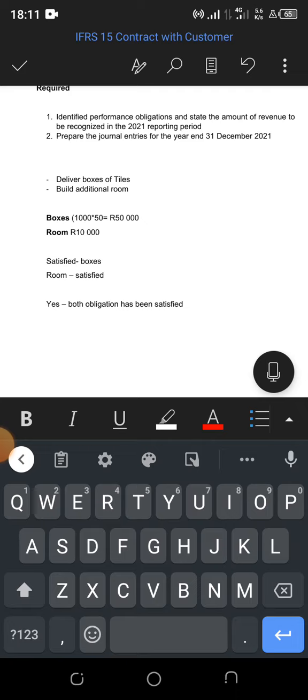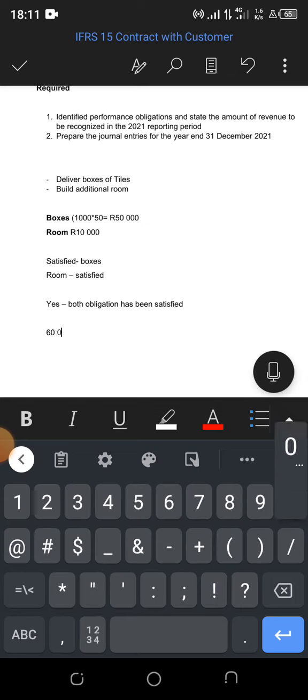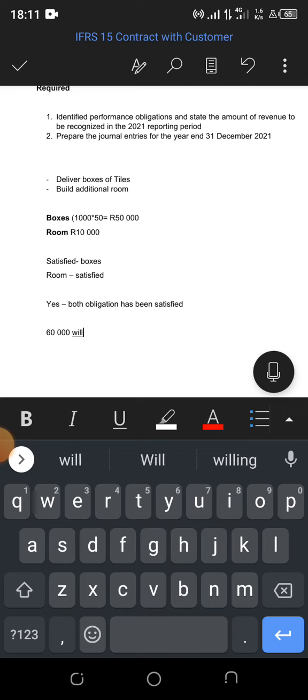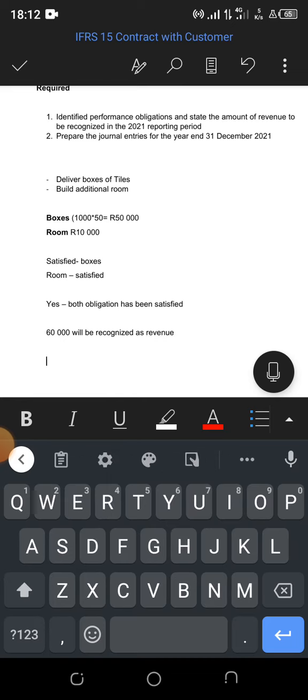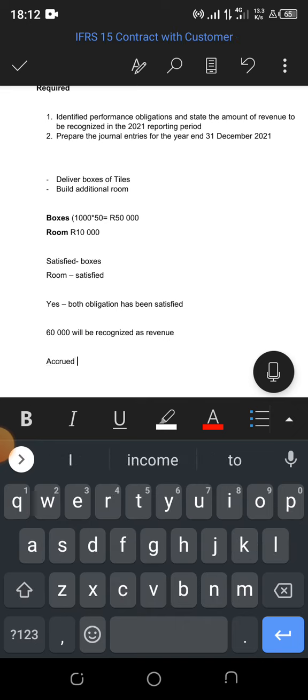is going to be recorded as a what? As revenue. Then 60,000 will be recognized as revenue. So what about the journal? We don't have a bank this time because we didn't receive anything, which means that we have what we call accrued income on the debit side.